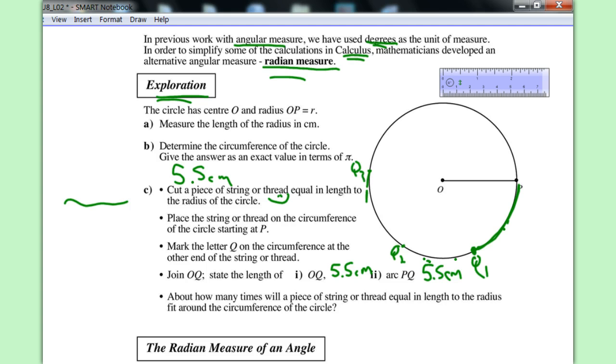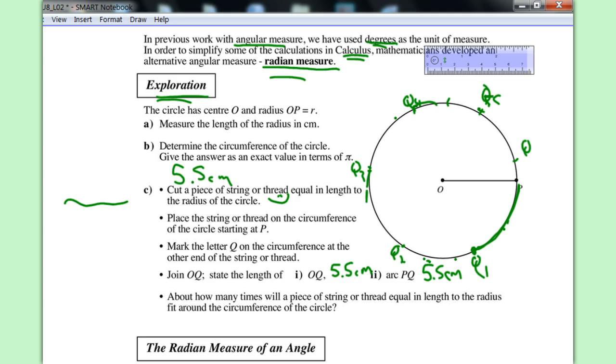I'll keep going, and there it is, Q4. Will it go again? Let's see. I move it again, and that was Q5, right on top of my ruler. I go again, and it goes right to about there, Q6.